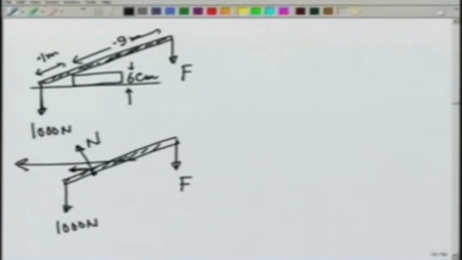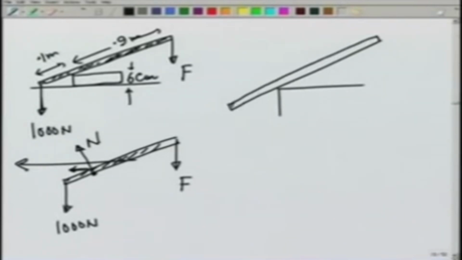In order that the rod does not move, there should also be a frictional force between the rod and the brick. So we are going to assume that there is a sufficient frictional force that prevents the slipping to the left. So let there be a frictional force in this direction F, let there be a normal reaction N, let there be the force that we are applying F vertically down, and let there be a force of 1000 newtons here.